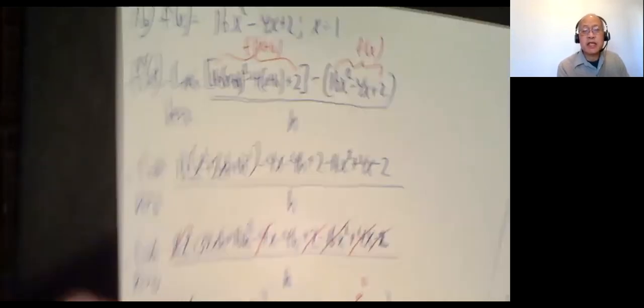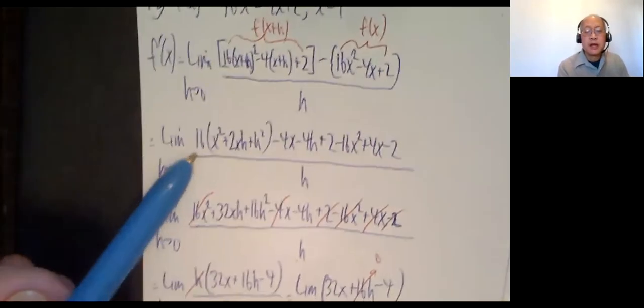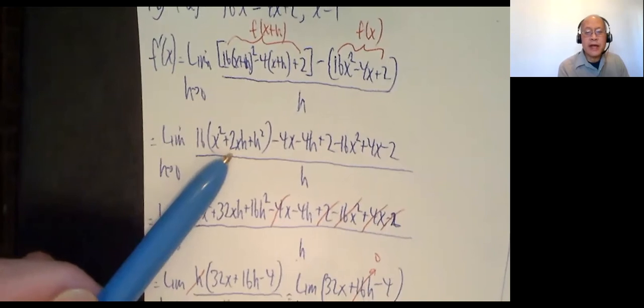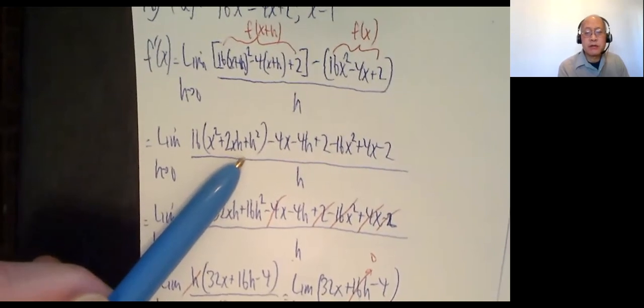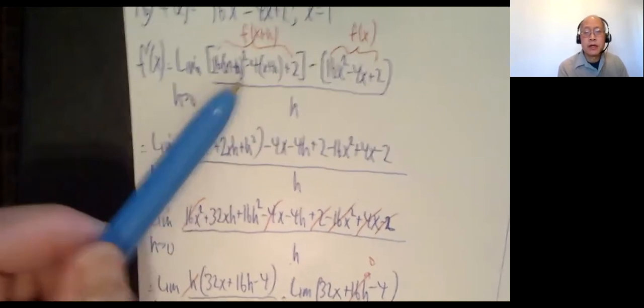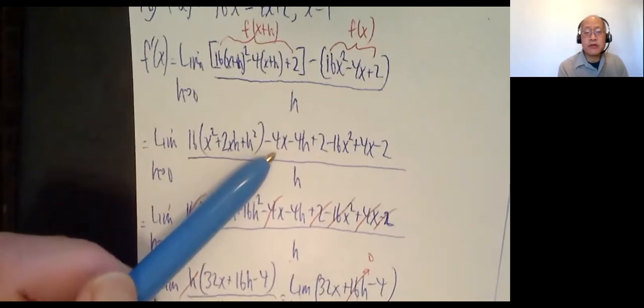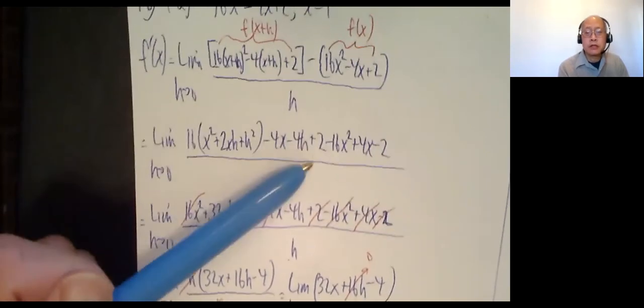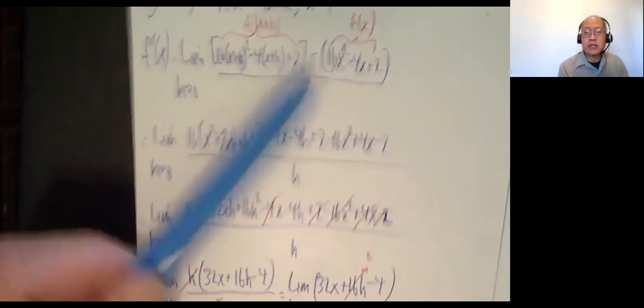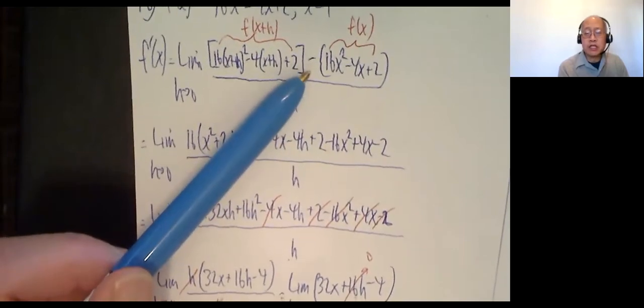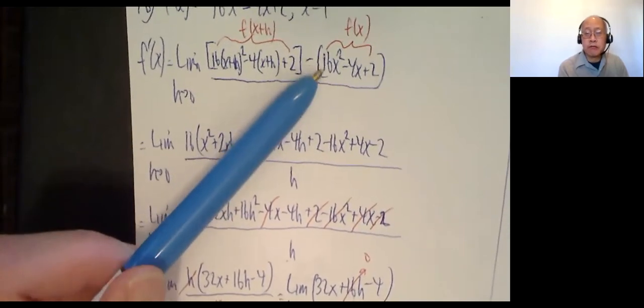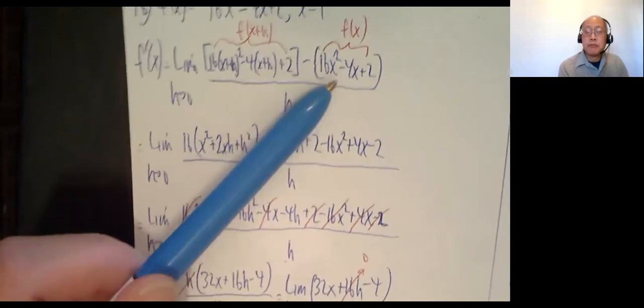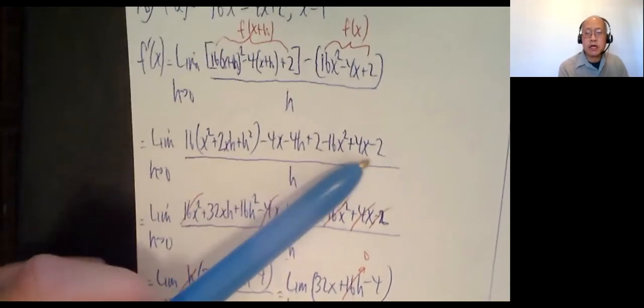Let's see, x plus h squared is x squared plus 2xh plus h squared. This is minus 4x minus 4h plus 2. And then over here, minus parentheses. Minus parentheses means change every sign, right? So minus 16x squared minus a minus, so plus 4x minus 2.